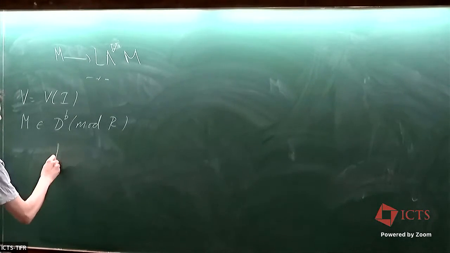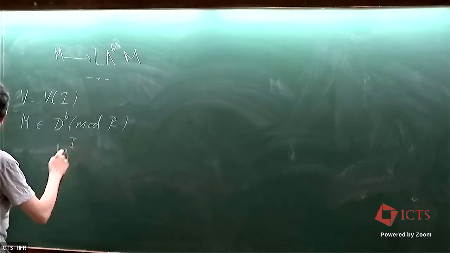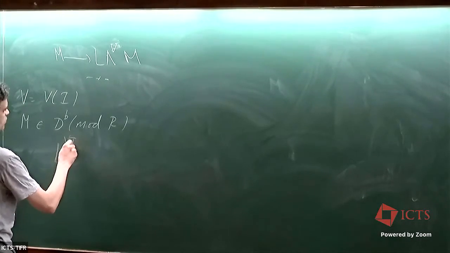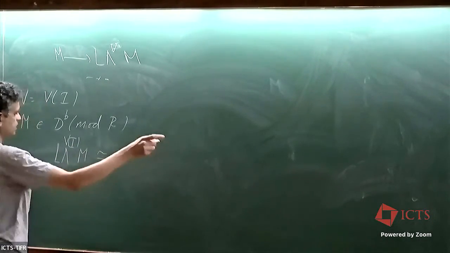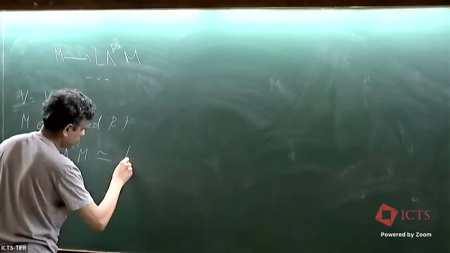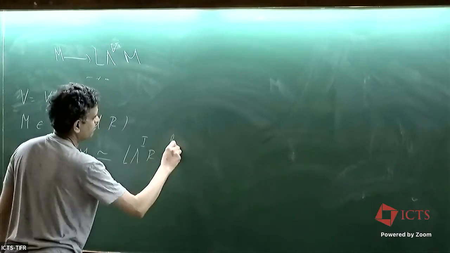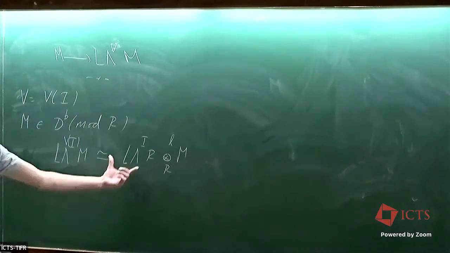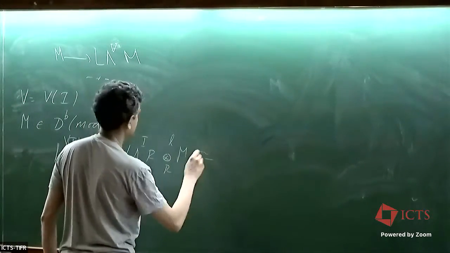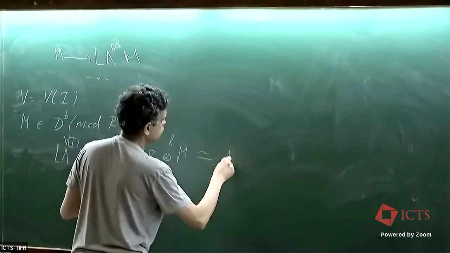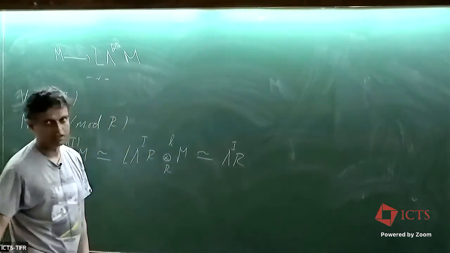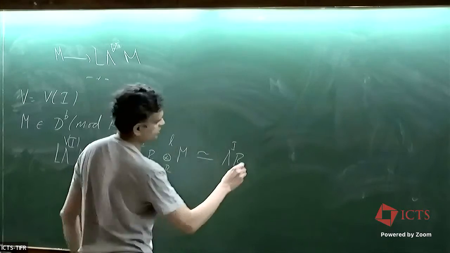The I-adic completion of M, with respect to VI, is the I-adic completion of the ring tensored with M. And it turns out that the left derived of this is the usual completion of R. And we're in the Noetherian case, remember, so the completion is flat.